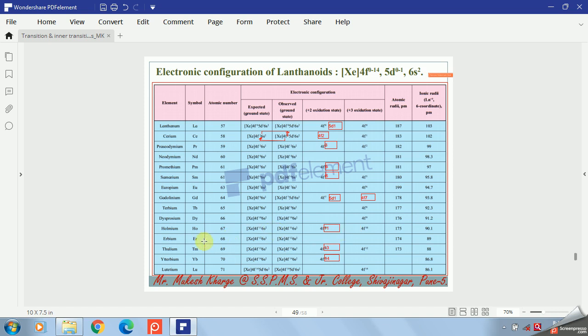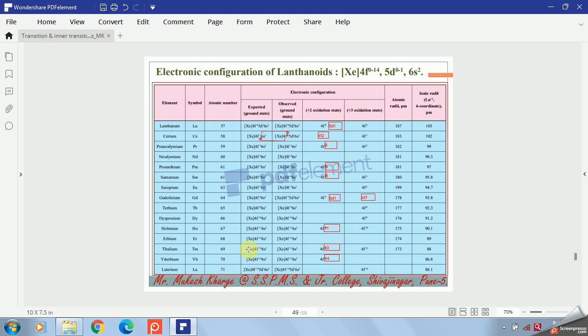Then erbium, denoted by Er, atomic number 68, the observed and expected electronic configuration is xenon 4f12 6s2. When it donates 2 electrons, then it is 4f12. Then thulium, denoted by Tm, 69 is the atomic number.